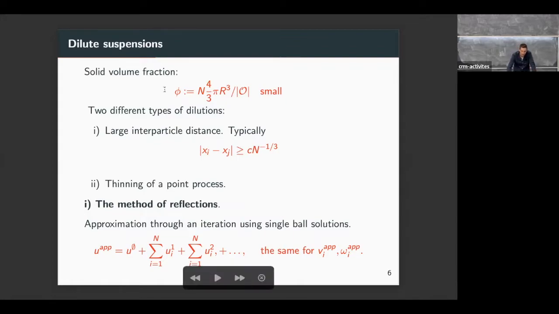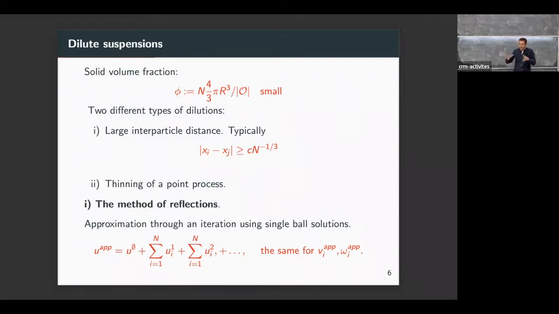And a good place to start is dilute suspensions. So I will first consider the case where the solid volume fraction is small. The solid volume fraction is this phi here: the ratio between the volume of the n spherical particles and, let's say, the volume of a domain containing these particles. But of course, there are many ways to build some dilute suspension, and there are two opposite kinds of ways.